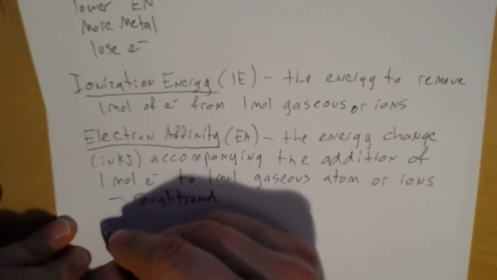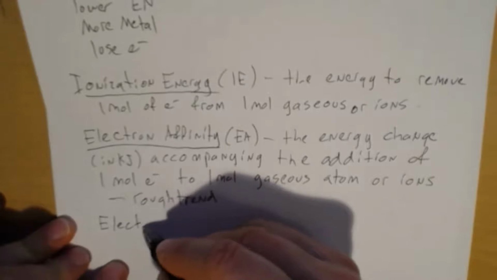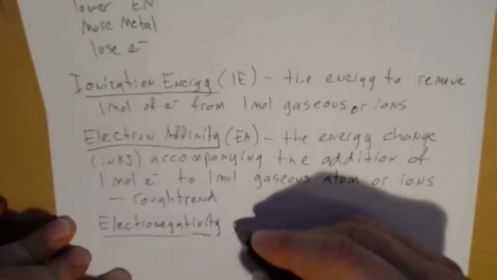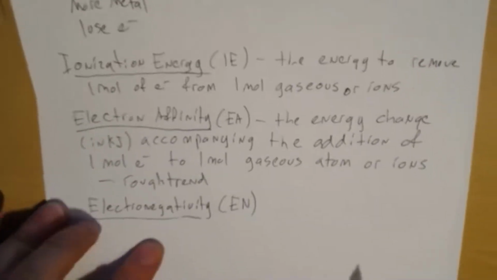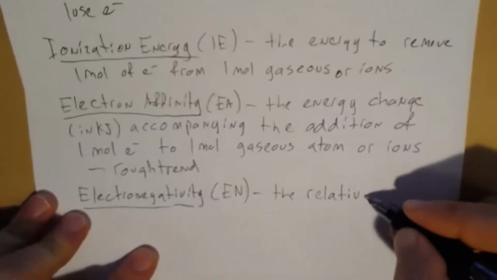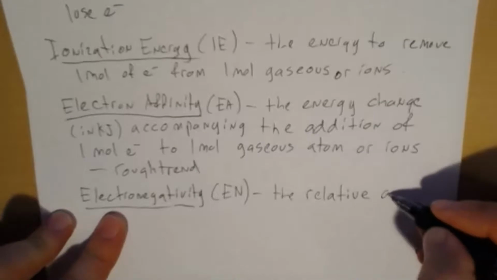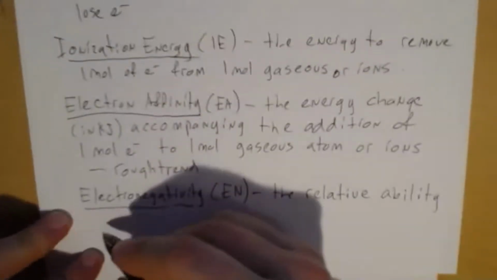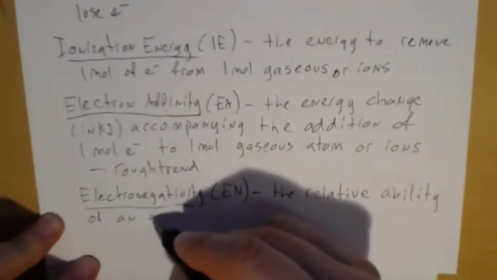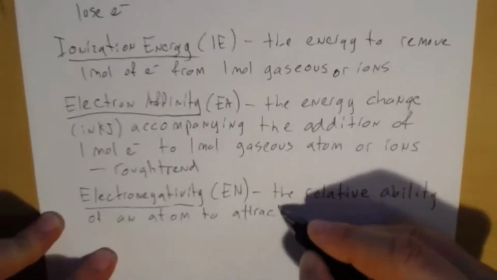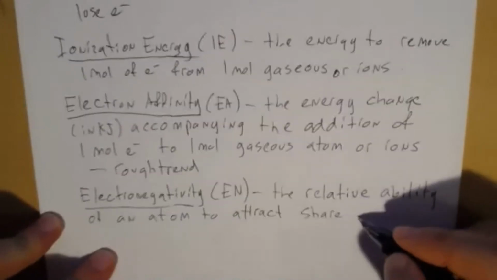And even though this one's in the next chapter, I want to define it. The electronegativity, EN, is the relative, and how they measure this I'm not sure exactly, but use this chart for eons, is the relative ability of an atom to attract shared electrons.